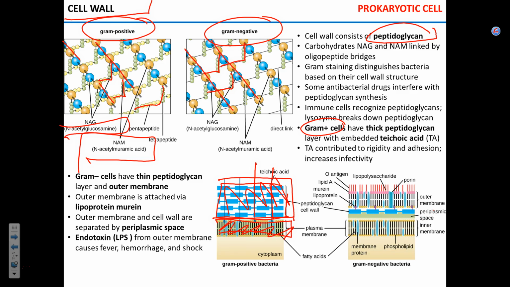Now the outer membrane has many structures that are, again, unique for gram-negative microbes. Some of them are the porin proteins. Porin proteins are essentially channels that span through the membrane and allow transport of various molecules from the outside of the cell into the cell and vice versa.